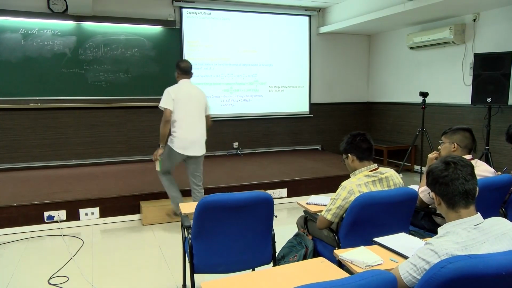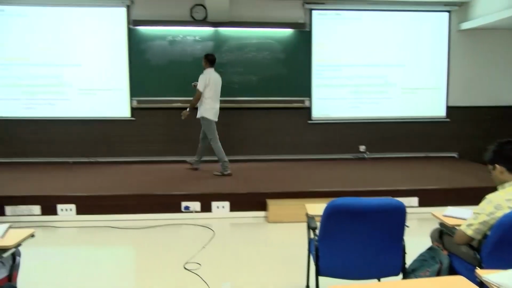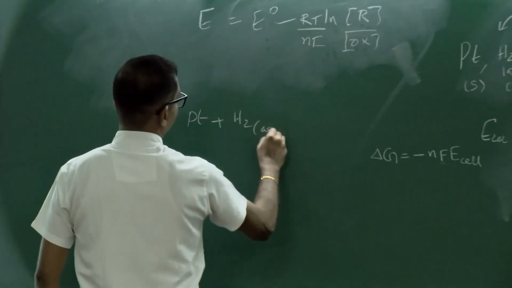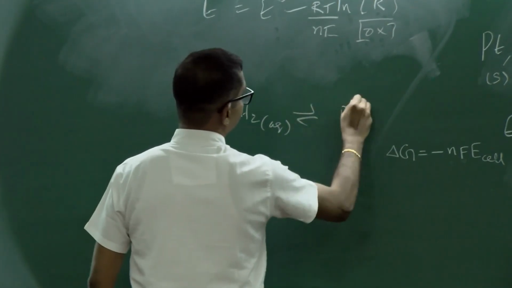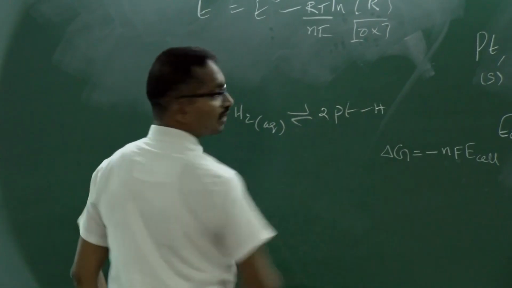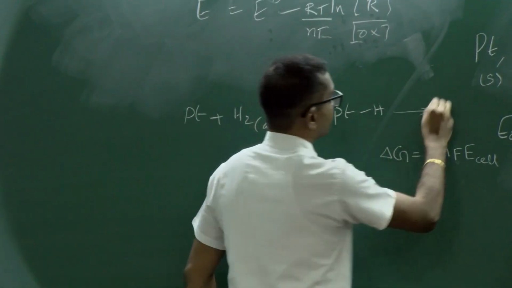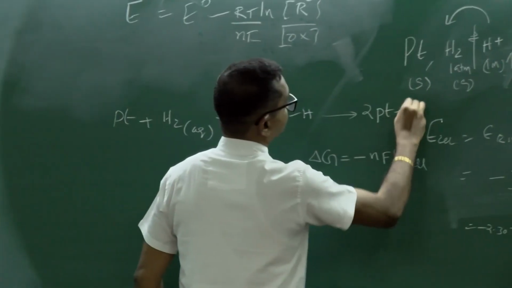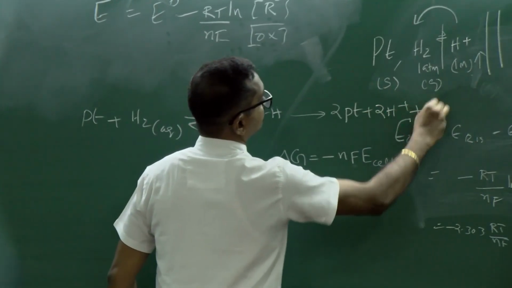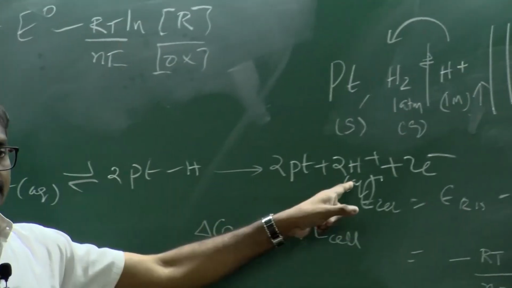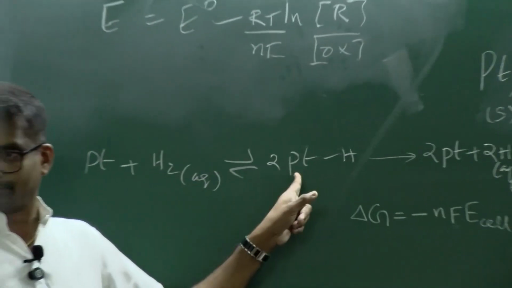Alright. So, in platinized platinum, basically what happens is the following. The platinum and the hydrogen in the aqueous phase react to produce Pt-H. Now this will either oxidize, or reduce. So this reaction goes through this step.